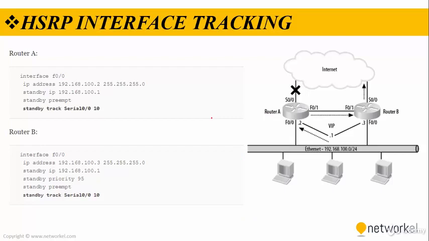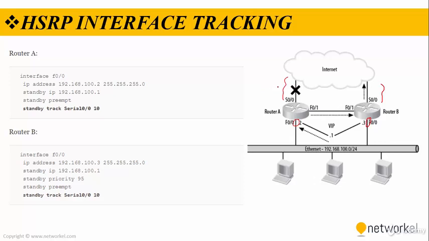HSRP has another great feature that is known as HSRP interface tracking. As I told you in the first slide, HSRP always is responsible for protecting the default gateway, these interfaces. But when I try to connect to the internet, I have also these interfaces as well. So what HSRP is doing with interface tracking, HSRP is watching if this interface is up or not.